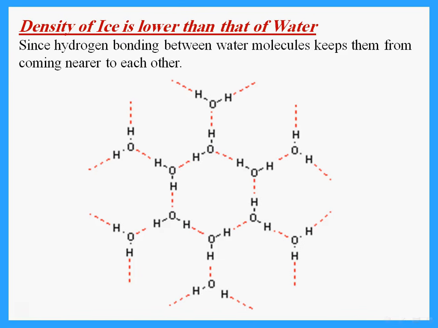Of course, this is very important in everyday life because when we have a lake, for example, and the water starts to freeze and form ice, what happens is the ice is actually less dense than the water and the ice starts to float on top of the water.